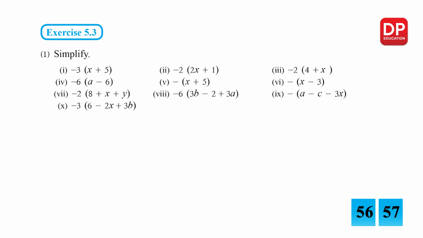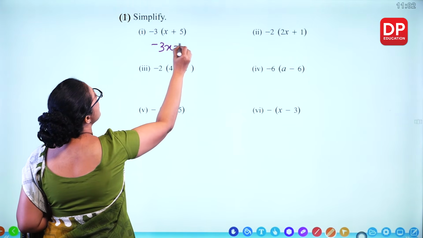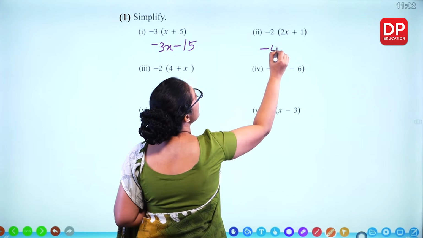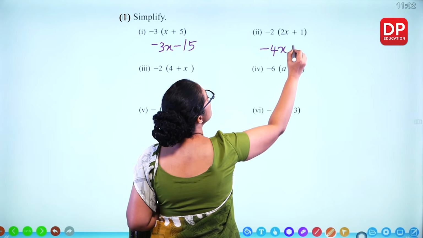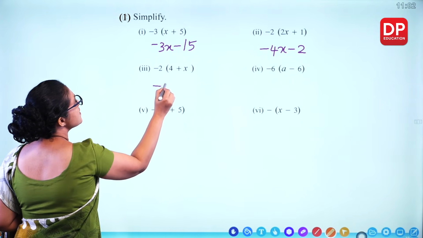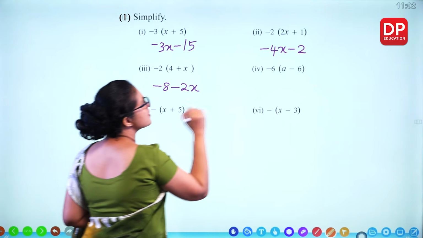Exercise 5.3. Simplify. Minus 3 times x, minus 3x, minus 15. Minus 4x, minus 2 times plus 1, minus 2. Minus 8, minus 2x.